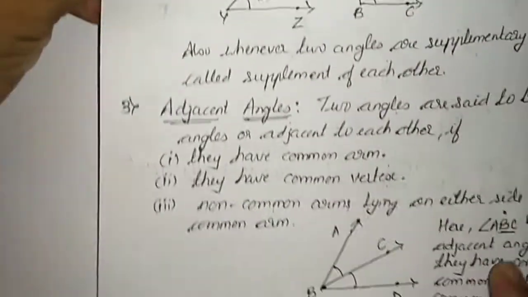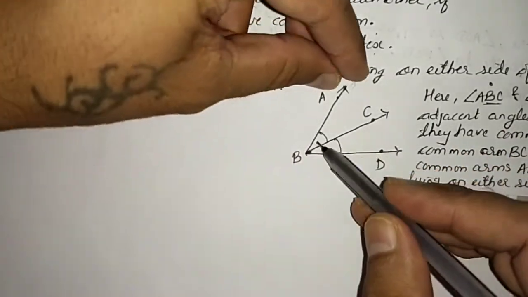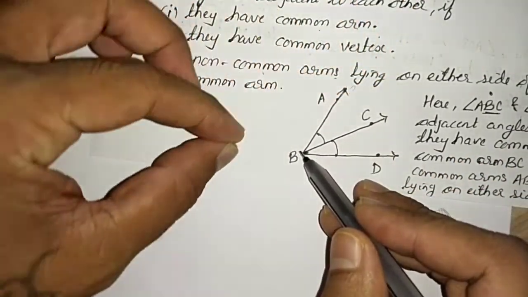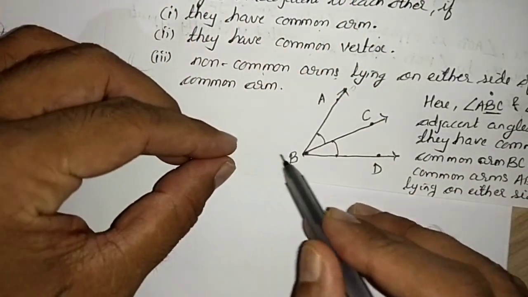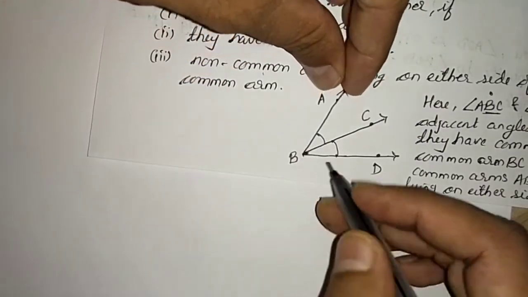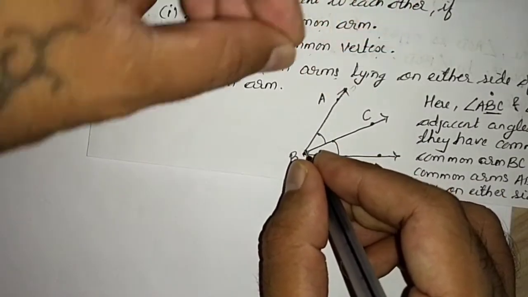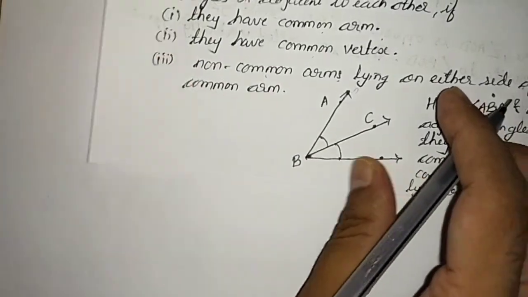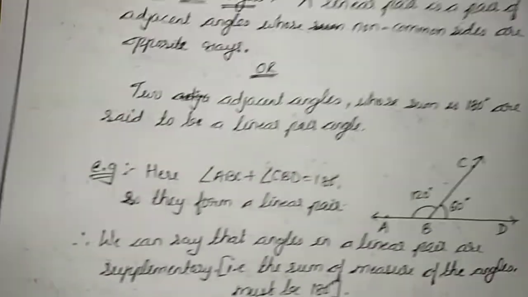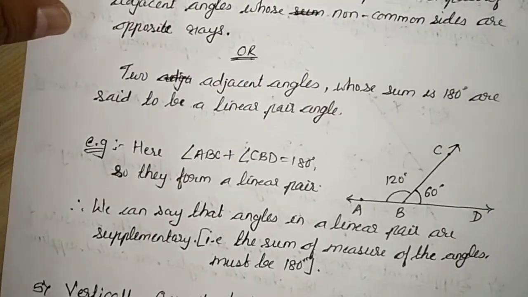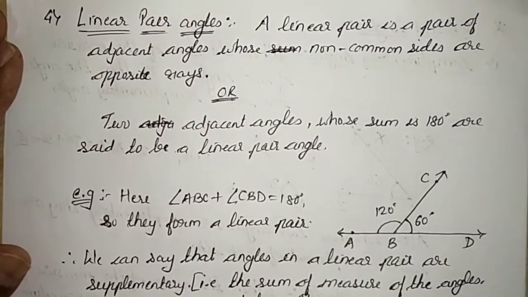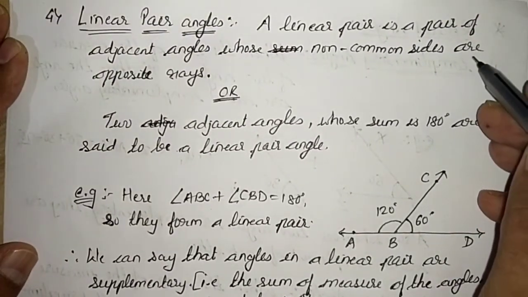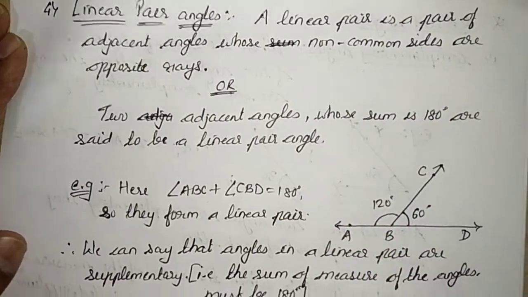See students, if I take this arm and shift it over here so that it is forming one line, they will become a linear pair. So it is telling exactly what I have told, but if you don't know how to define this, you can also go through this.